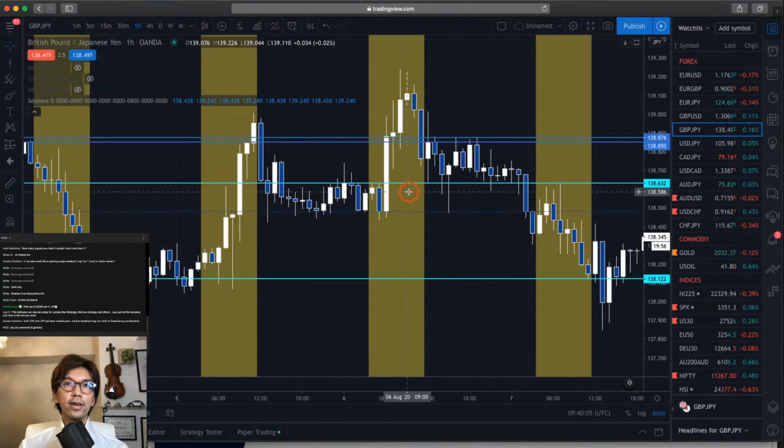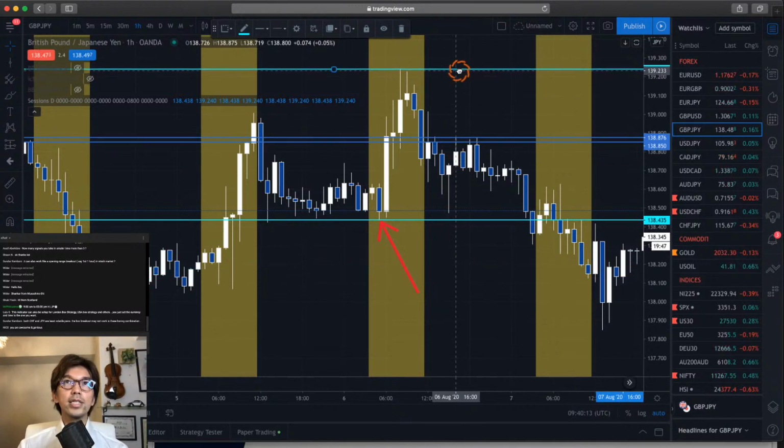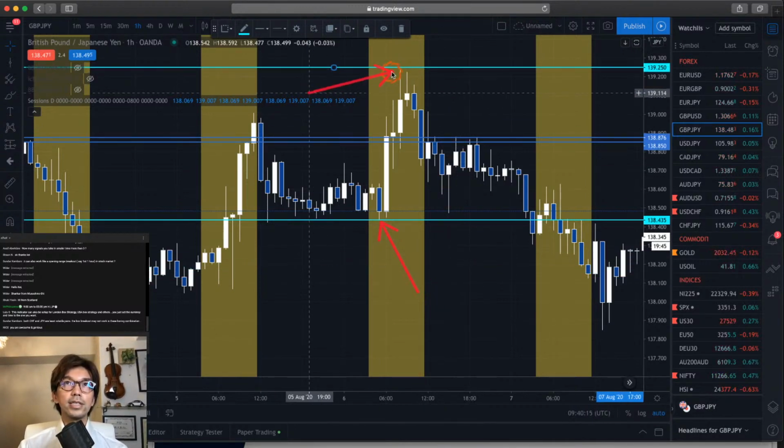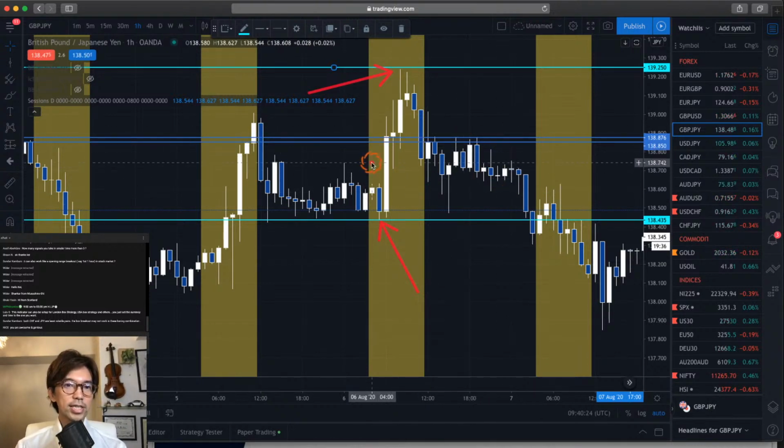Yeah, on the previous day, on this 6th of August, the lowest price on the Tokyo time was here, right here. The highest price was here, right here. And on this day, the 6th of August, it didn't break either direction. So based on this strategy, there's no trade on this one.